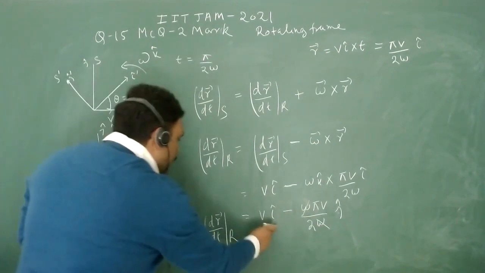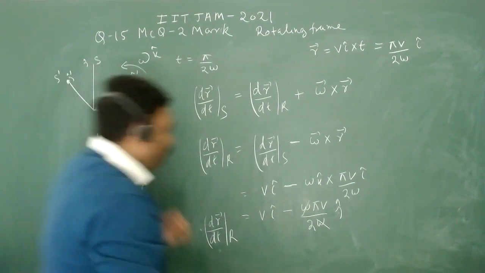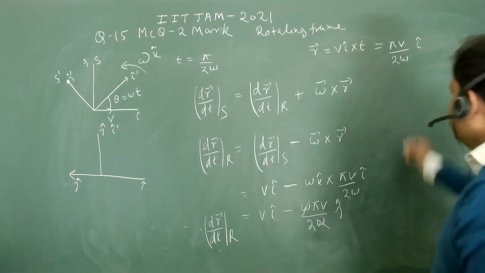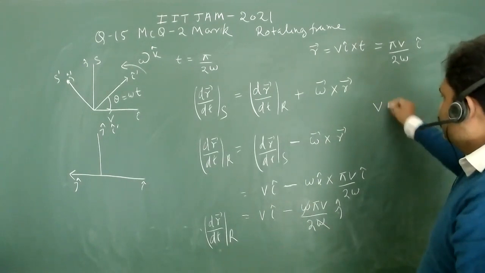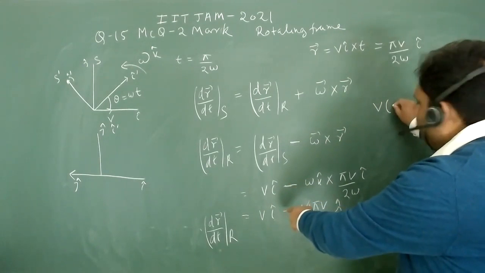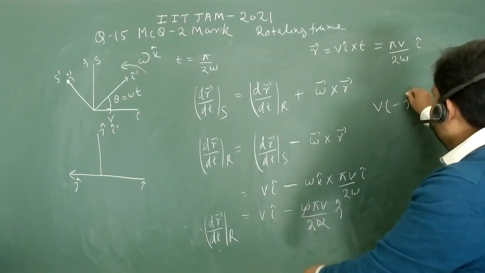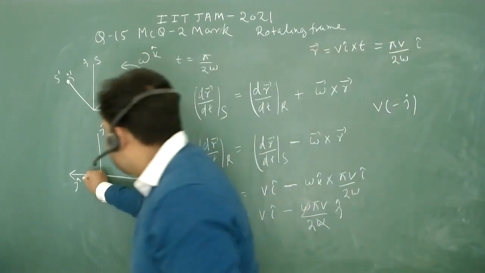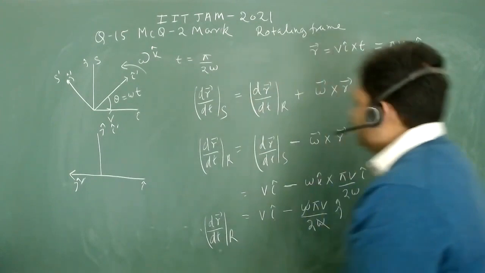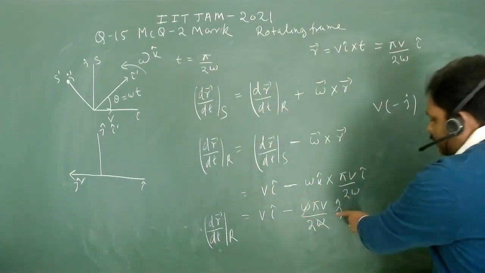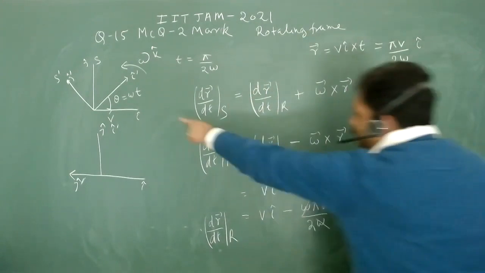So this i cap will be changed with the direction minus j dash cap. This is my j dash cap actually, and this j cap will be nothing but i dash.